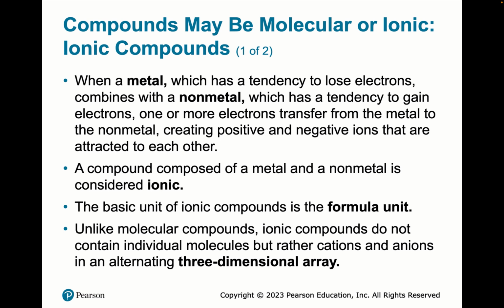Ionic compounds also tend to be brittle, and many rocks, for instance, are ionic compounds. You can hit a rock with a hammer and it will shatter. That's what I mean by brittle.